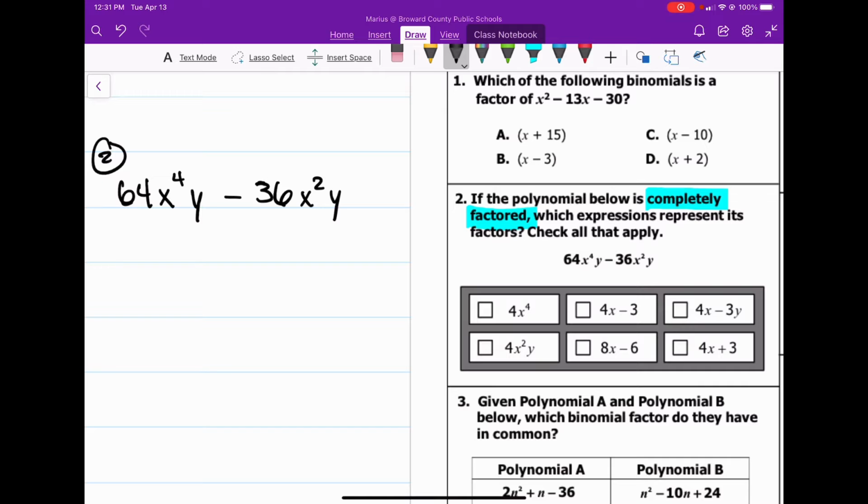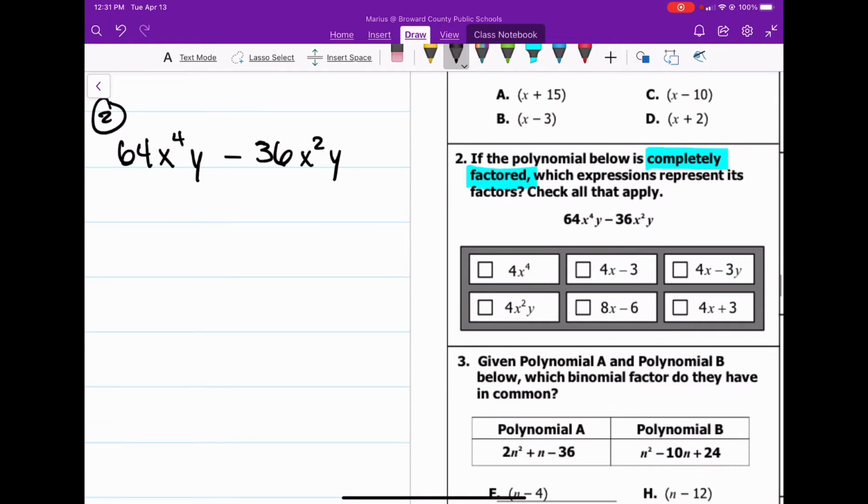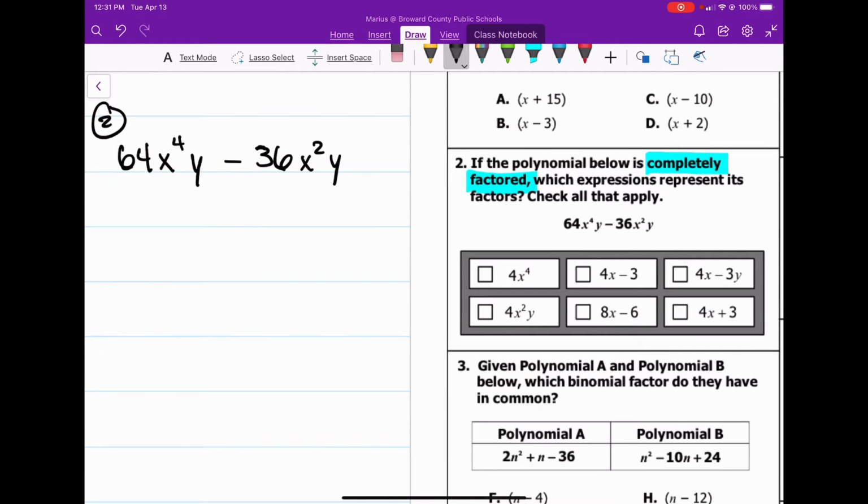All right. Now, right away, the first thing we should try to do is our greatest common factor. So we need to find the GCF between 64 and 36, and the variables as well, but we'll save the variables part for last, so we'll do the numbers first.